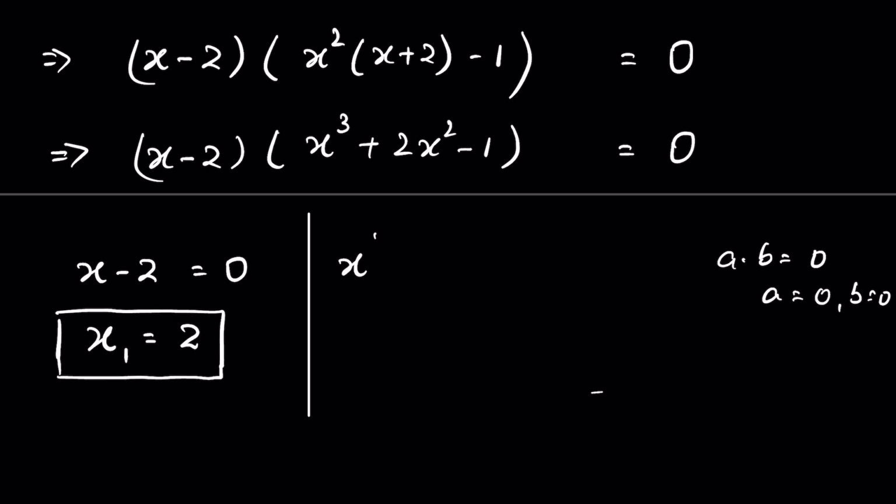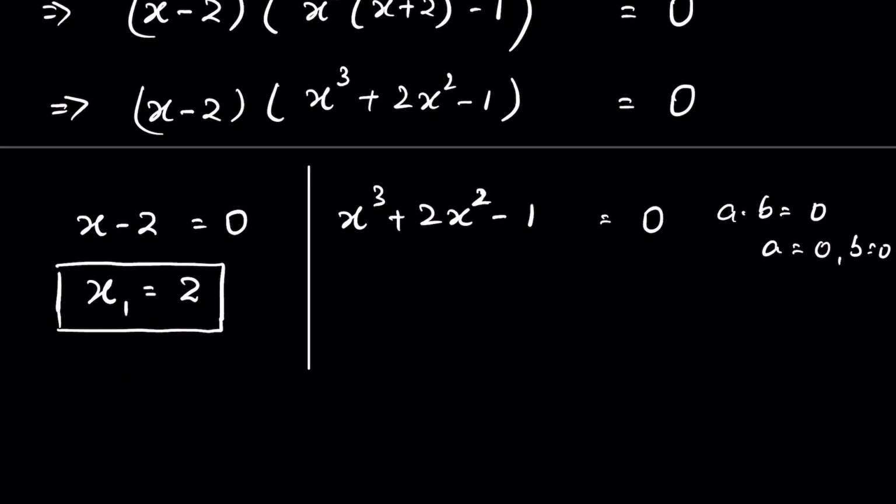When x³ + 2x² − 1 equals 0, we can factorize it. x³ + 2x² we can write as x³ + x² + x² − 1 equals 0.